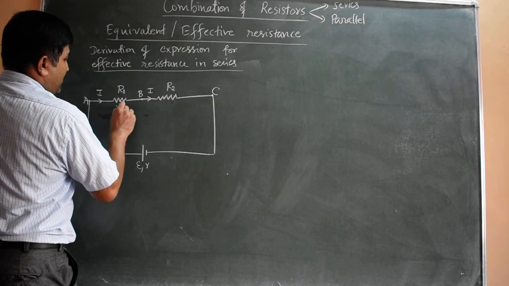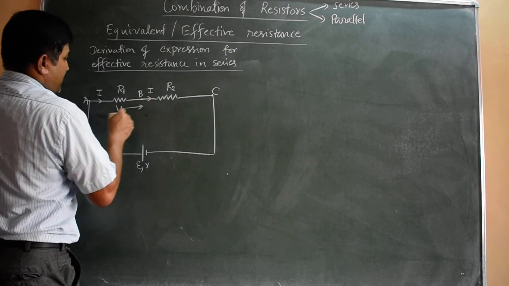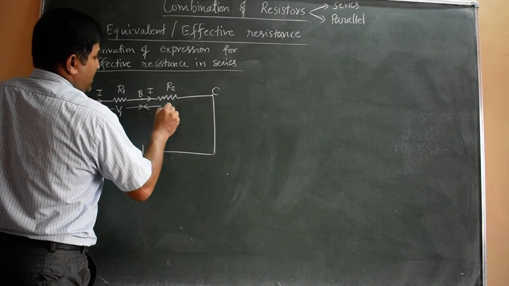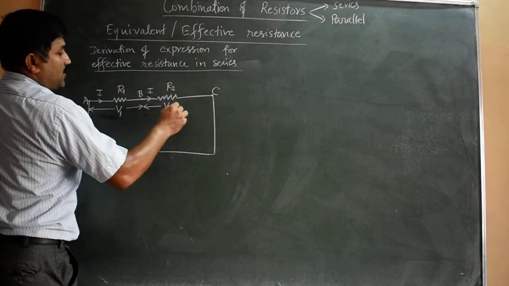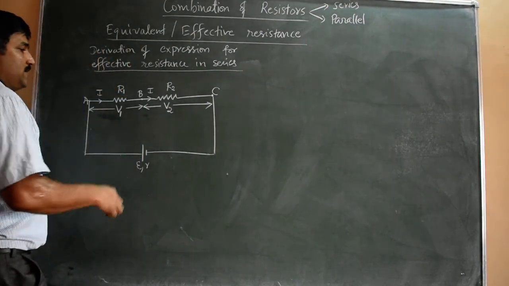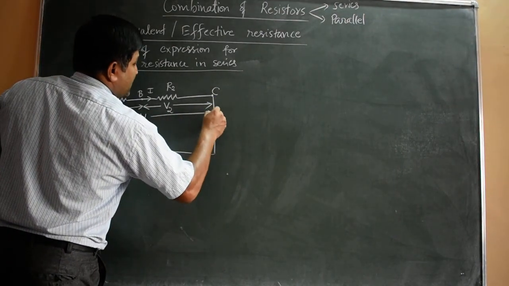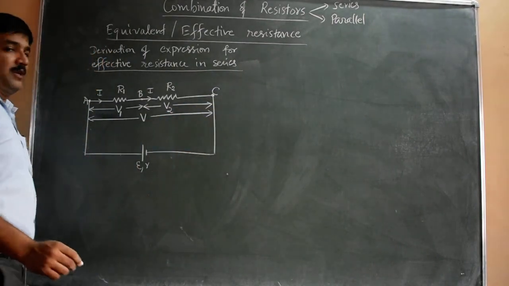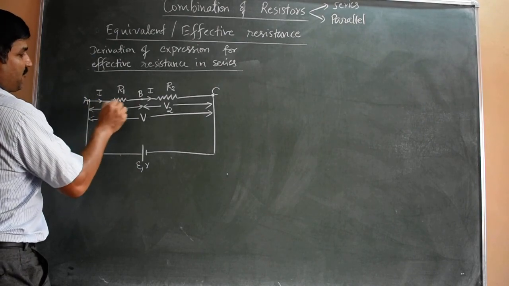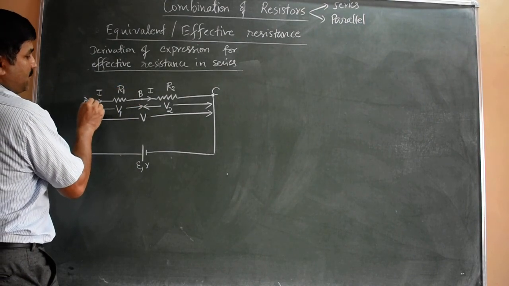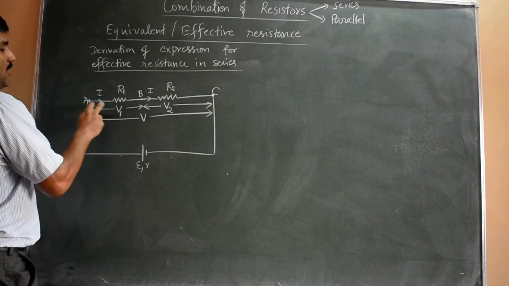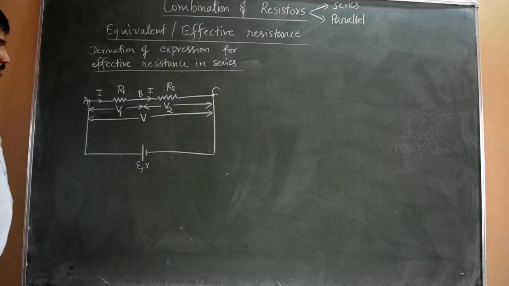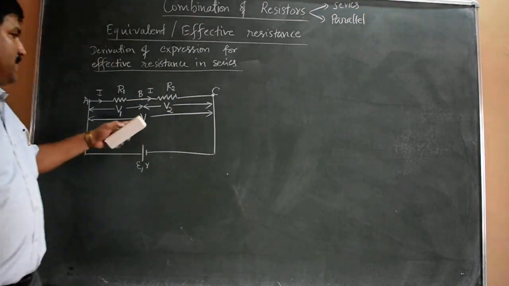Next, the potential difference across the resistor R1 is V1 and the potential difference across the resistor R2 is V2. The total PD across the combination, between the points A and C, you can write as V.